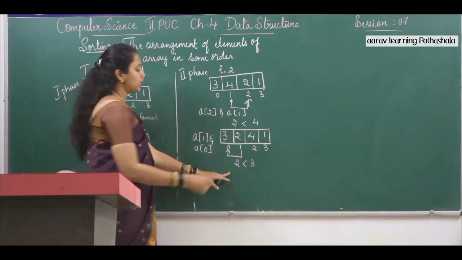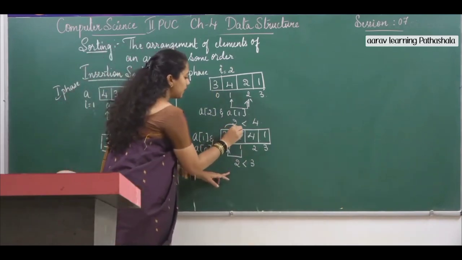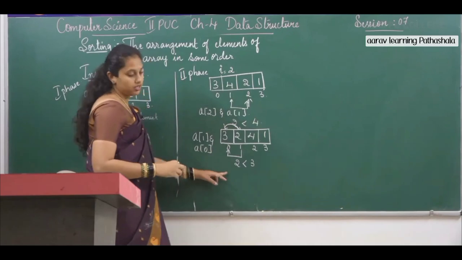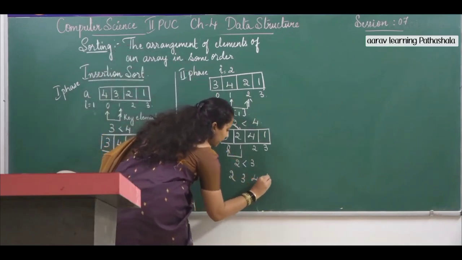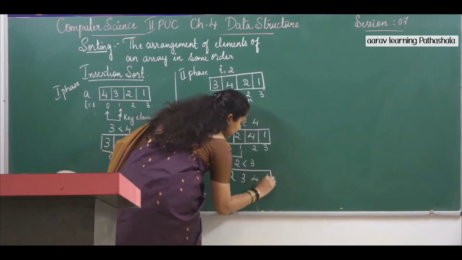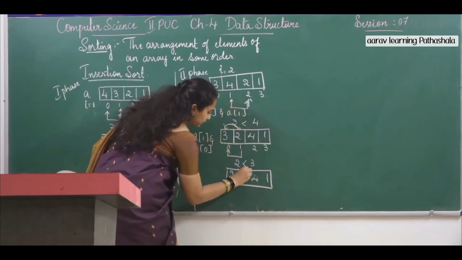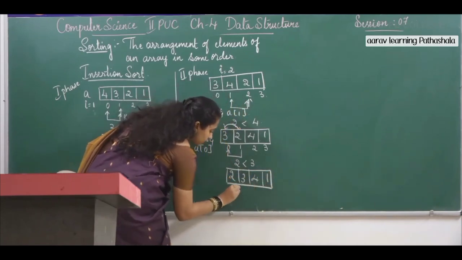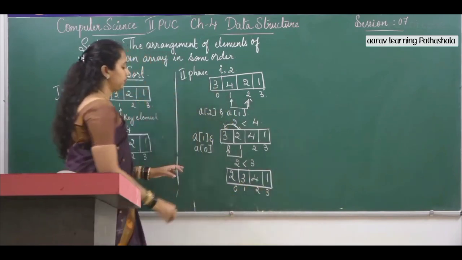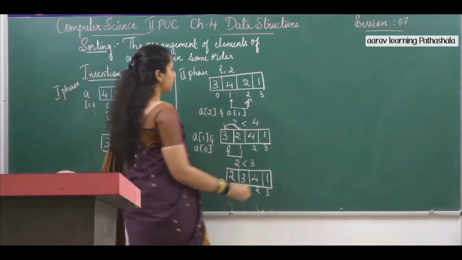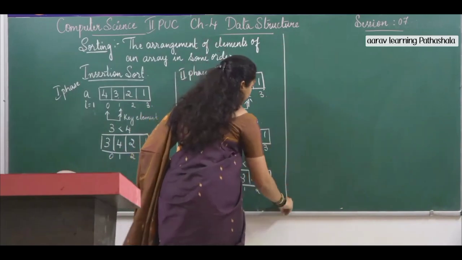The condition is true, hence we are going to swap these array elements. So what is the output? That is 2, 3, 4, 1. This is the output of the second iteration.